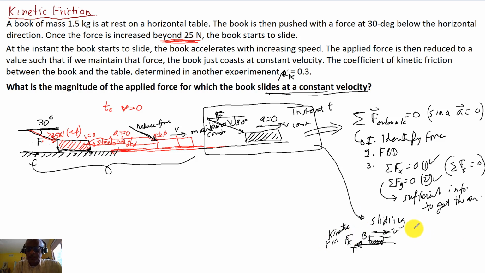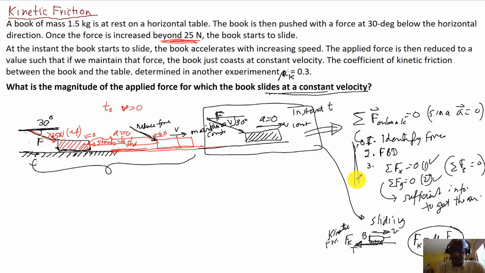And kinetic friction is also related to normal force in this manner. So let's follow these steps and see what we come up with.